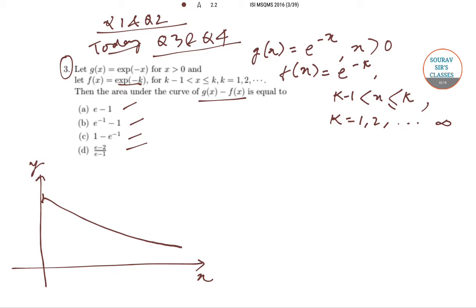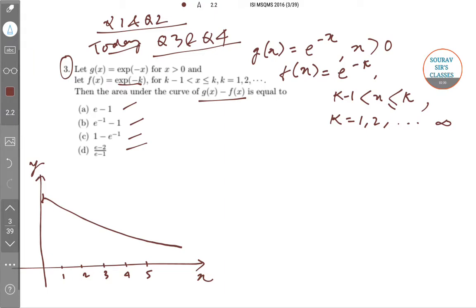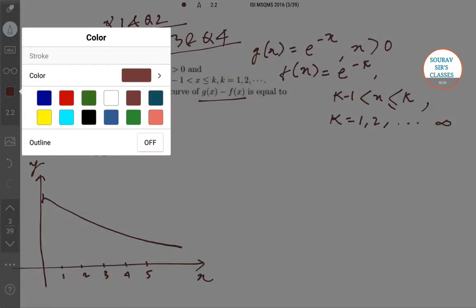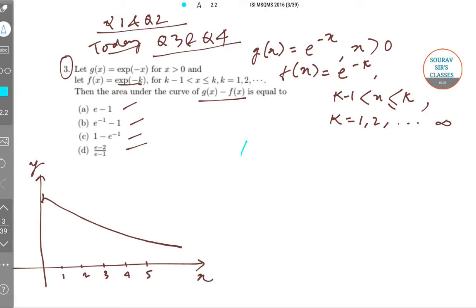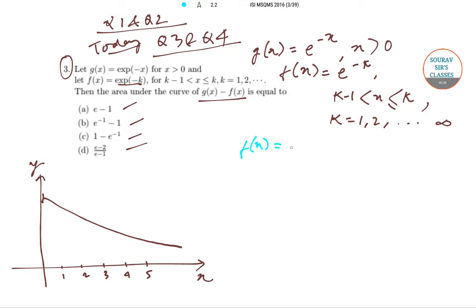So let us mark the points. It is 1, 2, 3, 4, 5 and so on, it will go on. And for drawing f of x we will use a separate ink. Now we know that f of x is equal to e to the power minus k when k minus 1 is less than x and x is less than or equal to k.